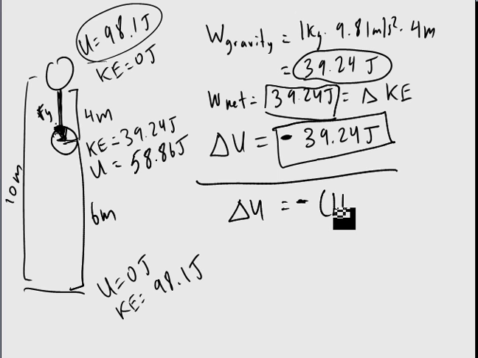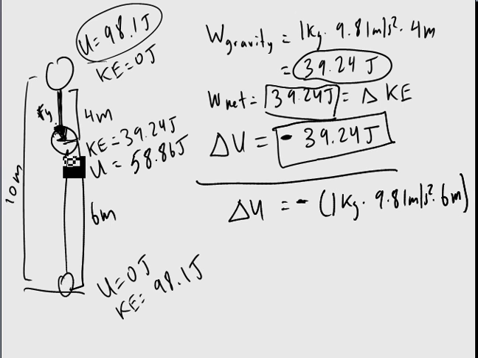I would need to overcome the force of gravity. So 1 kilogram times 9.81 meters per second squared times 6 meters, right? But now if I'm lifting the ball up to this point, gravity is pulling down, but it's going up. So we have to have a negative number inside here.